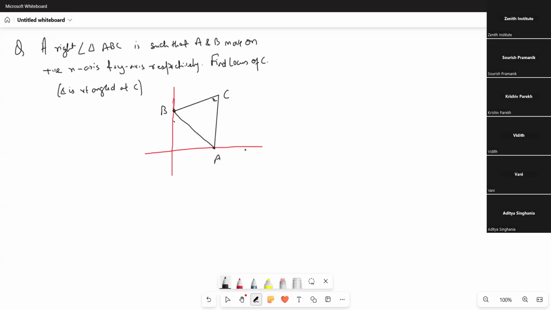Given that A will always lie on the x-axis, we have to find the locus of C. So assume that C is x comma k. This length will be a, this length b, this length c.